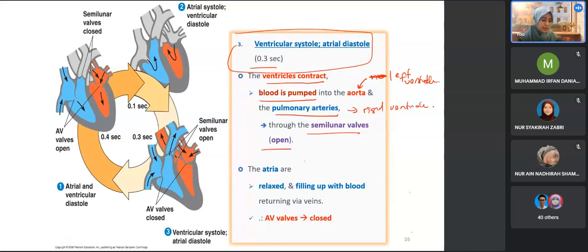So that's why the semilunar valve needs to be open to allow the blood to flow out of the heart through these two major blood vessels, aorta and also pulmonary artery.